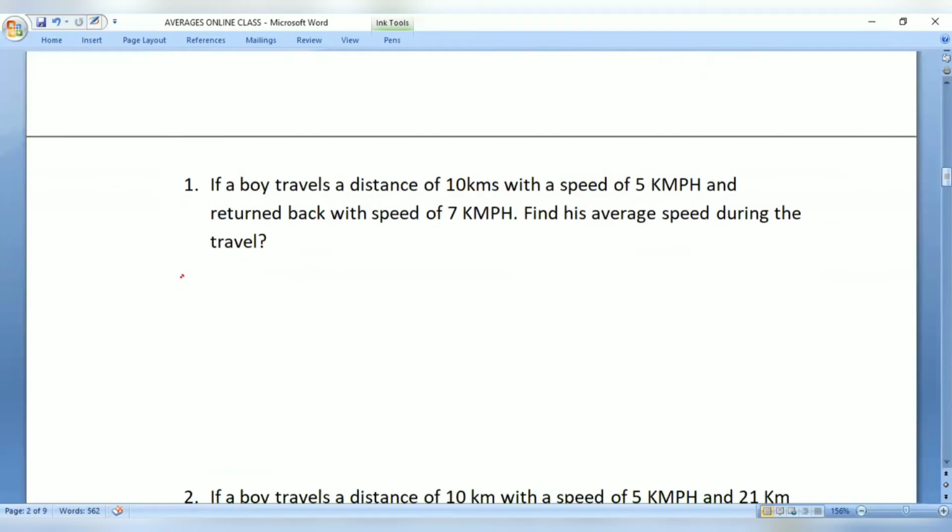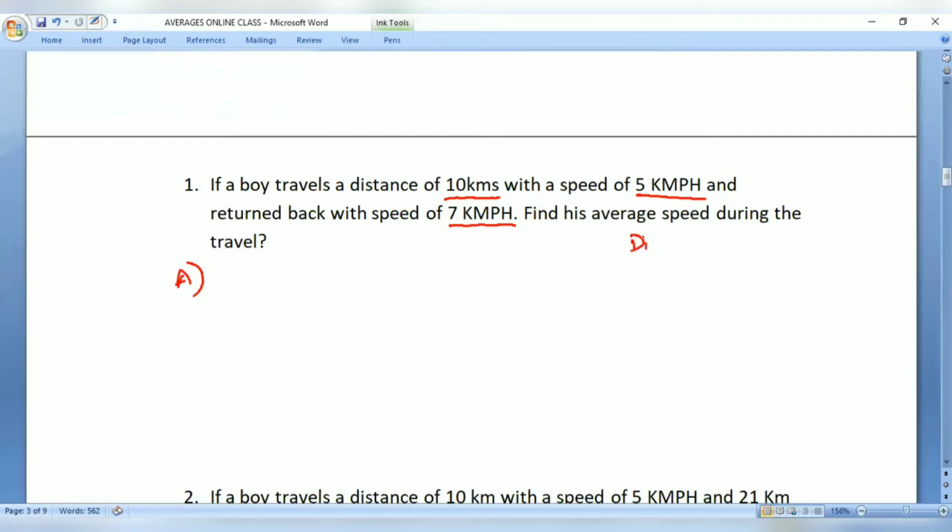Now the first question says, if a boy travels a distance of 10 kilometers with a speed of 5 kilometer per hour and returned back with a speed of 7 kilometer per hour, find his average speed during the travel. After observing this question carefully, he is saying the distance is constant.